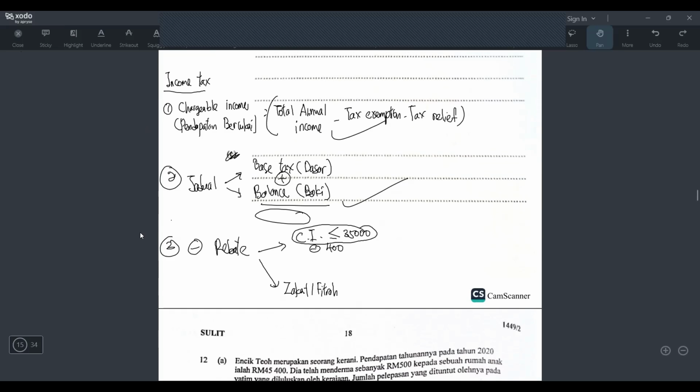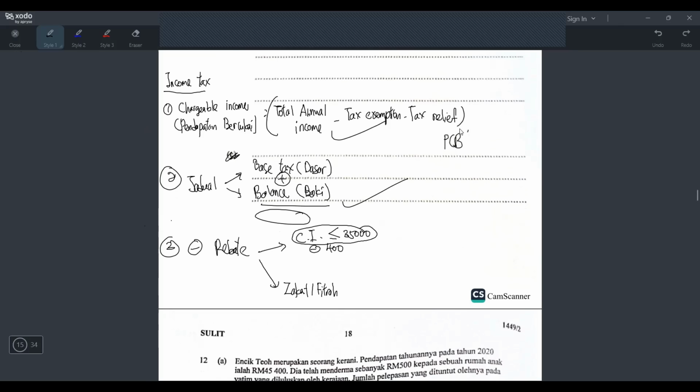Let's talk about PCB. So what is PCB? It's another type of discount. Okay, it's potongan mah. Potongan is like discount. But you need to know, kalau you punya tax payable, tax means the cukai perlu dibayar, is more than your PCB. Okay, if your tax is more than your PCB, it means you kurang bayar, insufficient.